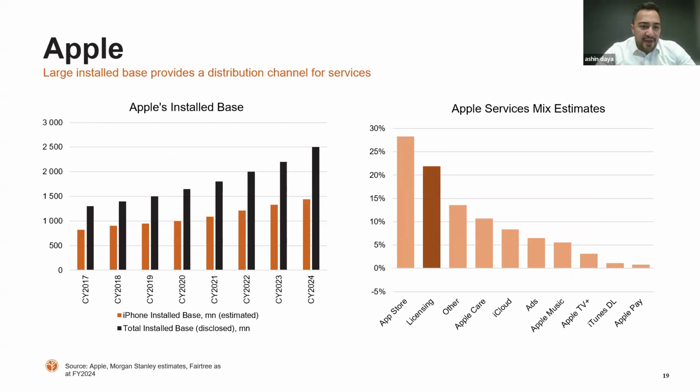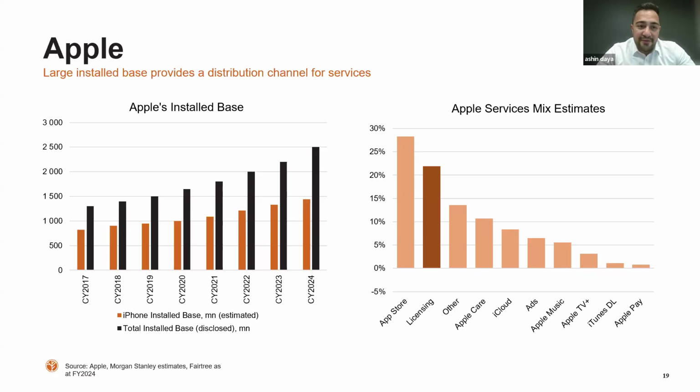Something that's very important for Apple is the value of the installed base. We often talk about the services business being high growth and exciting, and the reason why is the graph on the left, where I've shown the install base of iPhones in the orange bar, and the total install base of Apple devices in the black bar. This refers to the number of devices out there globally which are actively being used.